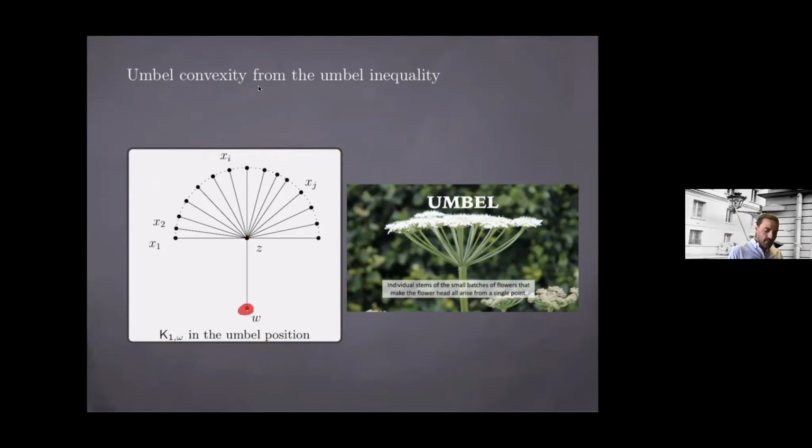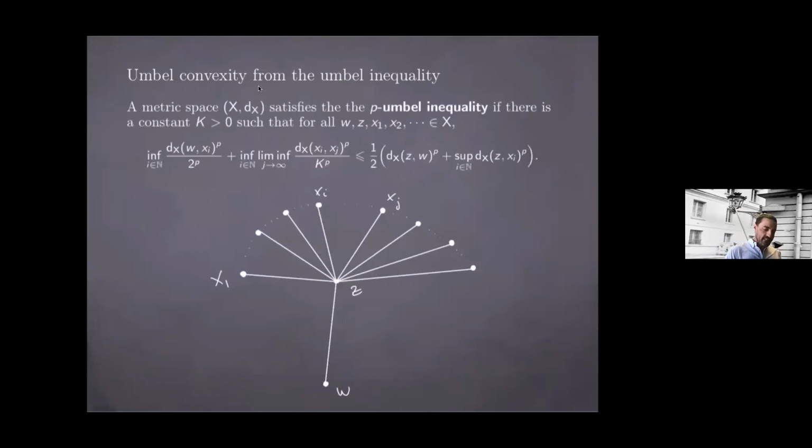So you have a specific point W, a branching point Z, and then all these infinitely many points, the Xi's, that you can think of as the tips of the pedicels. This is what an Umbel looks like in nature. That's why we decided to call this the Umbel inequality. And here is the inequality that plays the role of the 4-point fork inequality for Markov convexity.